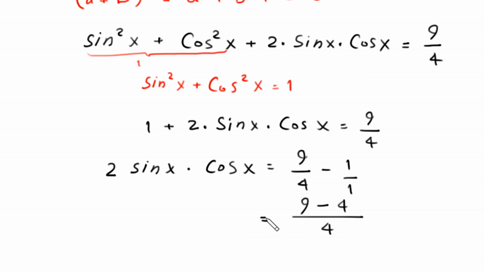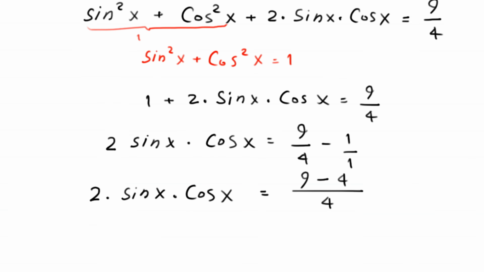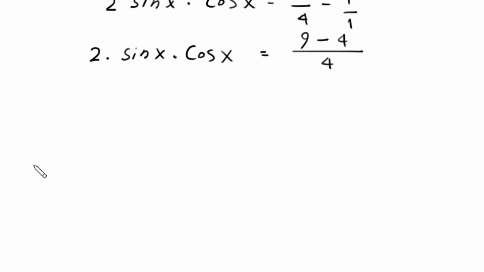And at the left hand side we have this expression, 2 times sin of x times cos of x. Further simplifying, this will become 2 times sin of x times cos of x equal to 5 over 4.